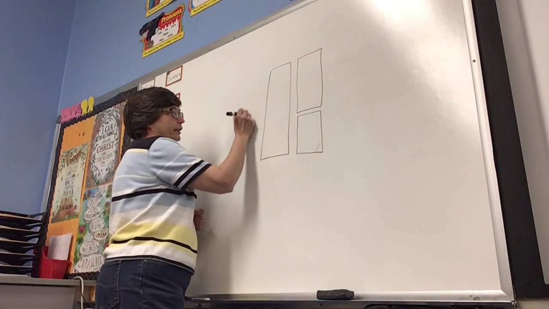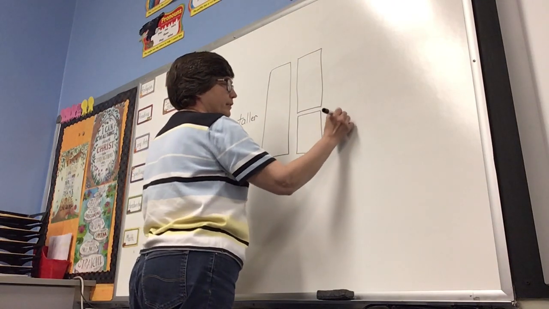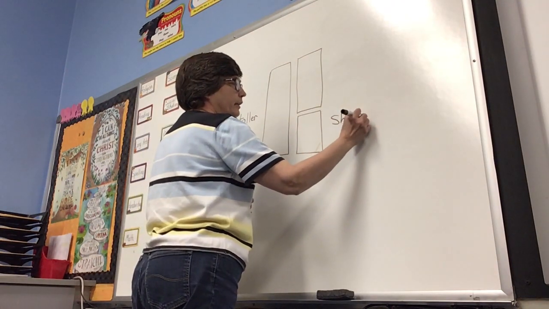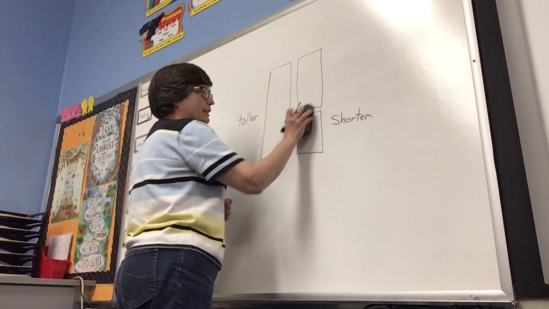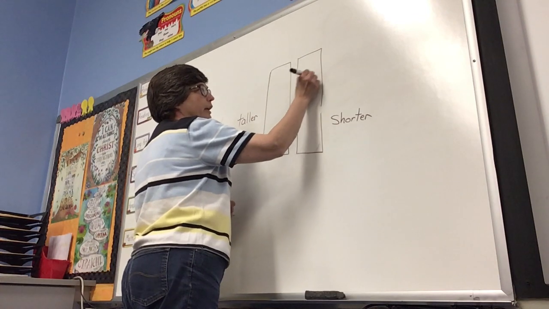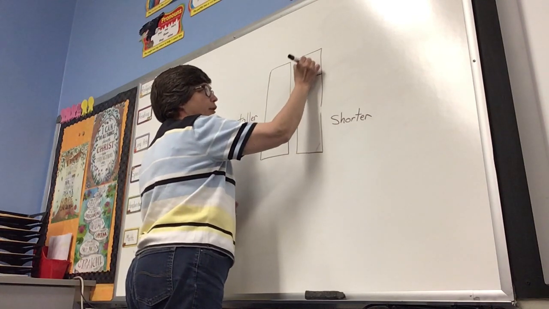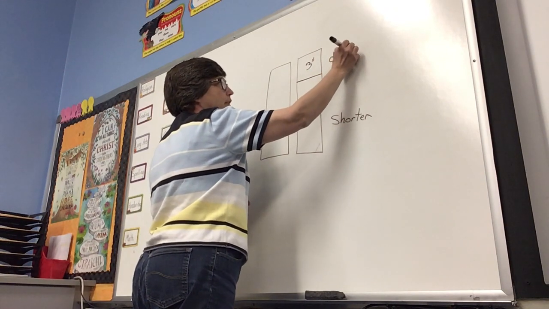So we're going to go taller here, and then the shorter person is over here. Now, technically, these two would probably be a little different in height because my mom isn't that much shorter than me. She's only, I said, 3 inches shorter than me. So here we have the difference already.